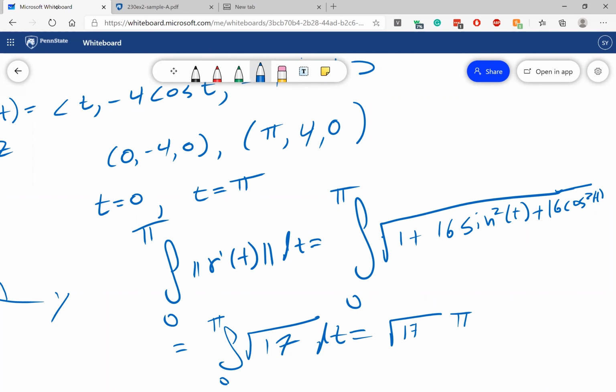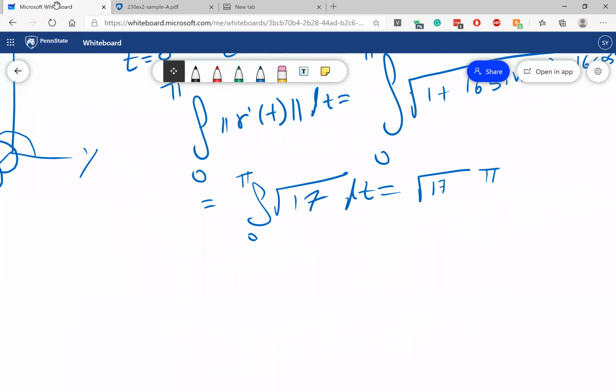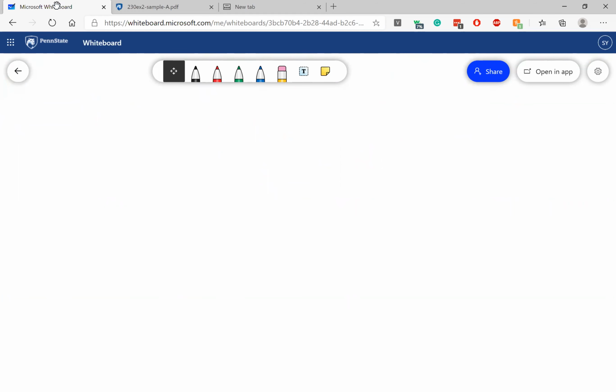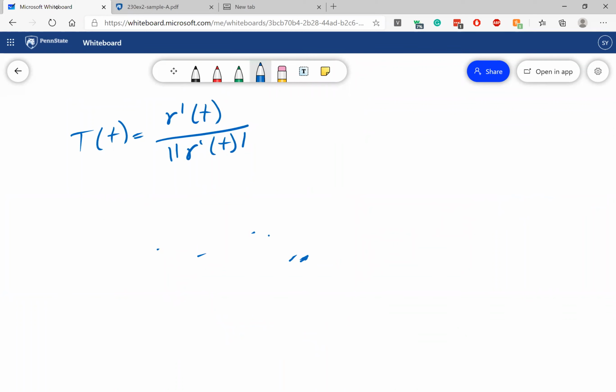Okay, so now they want us to find T, the unit tangent vector. The unit tangent vector at some time is equal to the tangent vector divided by the magnitude of the tangent vector.